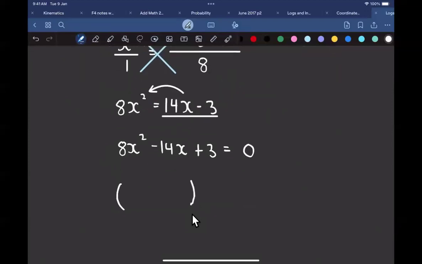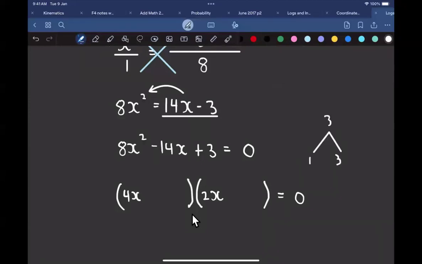So to get 8x squared, what are two things I can multiply? 4x by 2x. Okay, and what can I multiply to get 3? Keep in mind, I have to get a negative in the middle. 1 by 3.